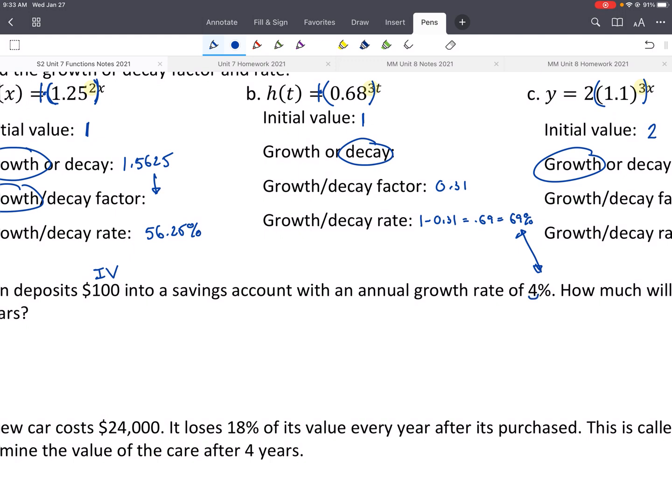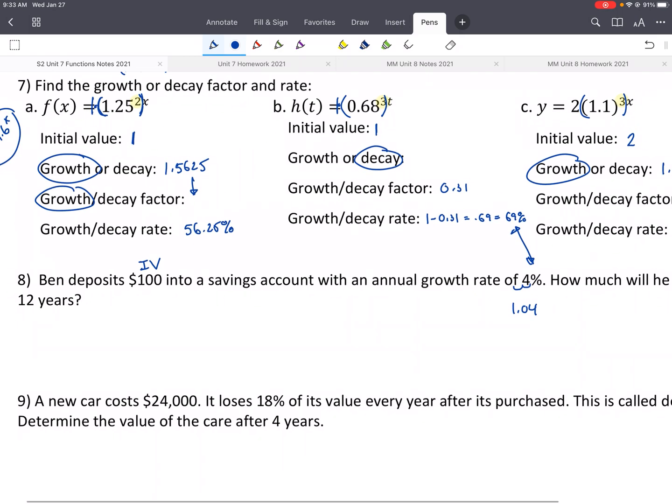We'll take that decimal, move it twice, and then instead of subtracting 1, we'll add 1. So to have it be growth, it's got to be 1.04. All right, so we end up having our equation that's y equals 100 times our growth factor.